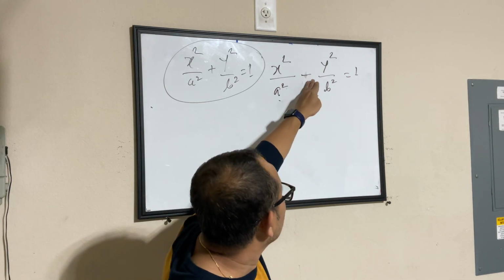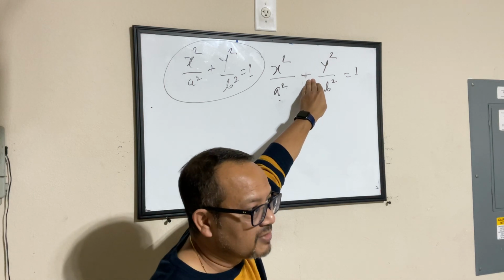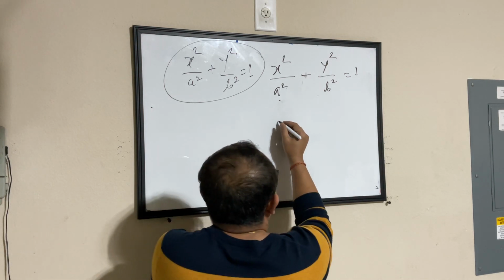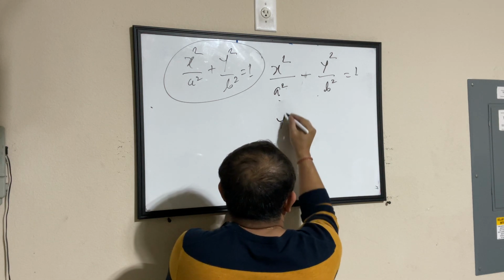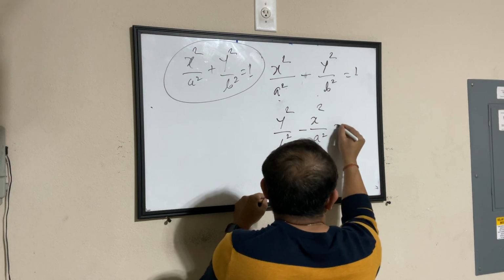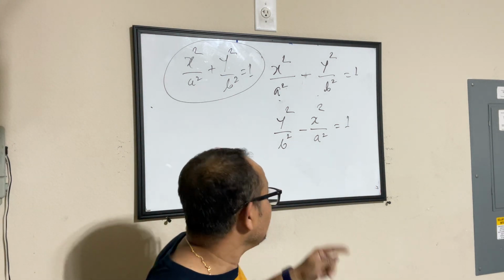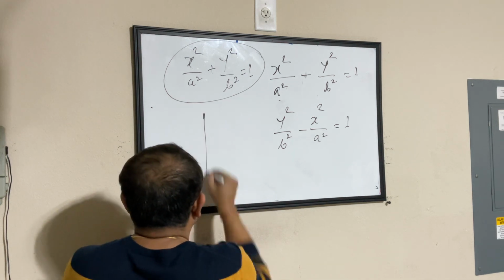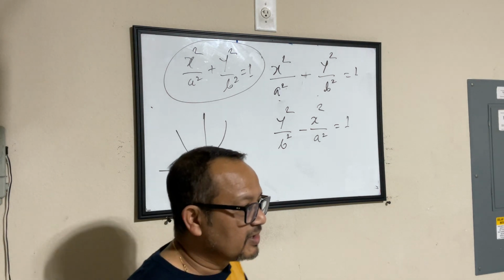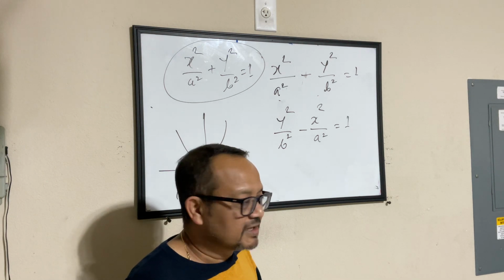So this time we picked the term mapping to y as negative. And if we pick another situation where y squared by b squared minus x squared by a squared equals 1, that is the second situation of a hyperbola where it will face upward. Now you will say, why do we believe you? So let's look at it.